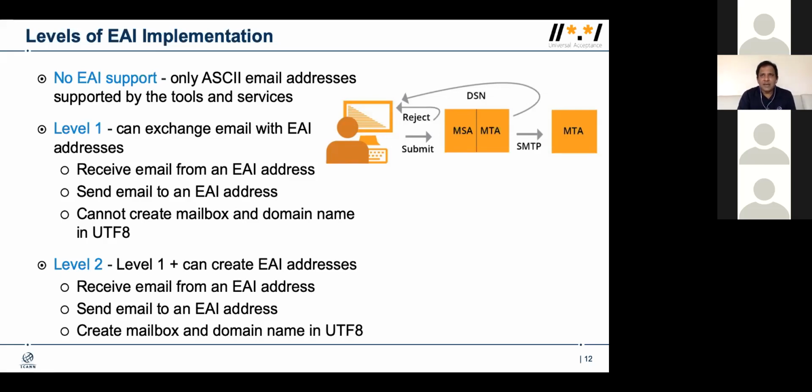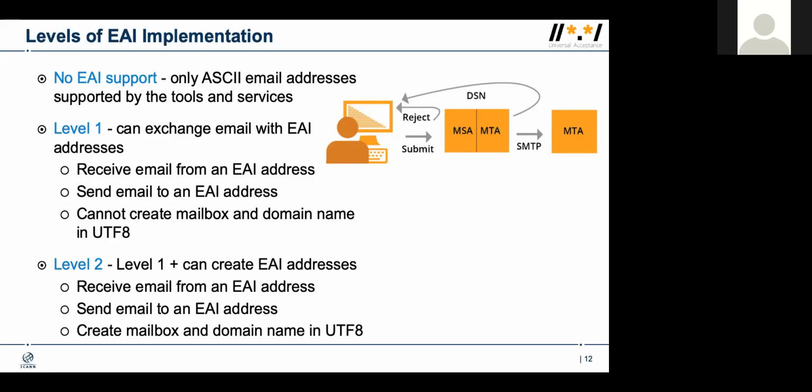So basically, I can send it to an EAI address, and then I can also receive from an EAI address, but I cannot create a mailbox and a domain name in UTF-8.